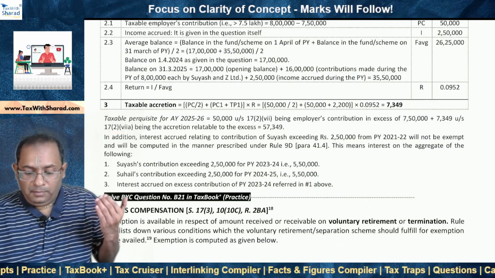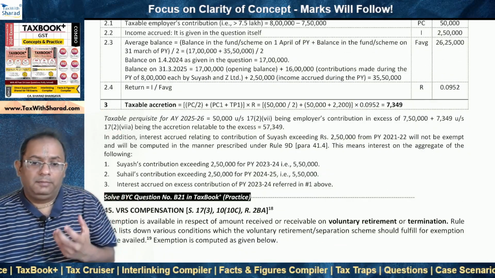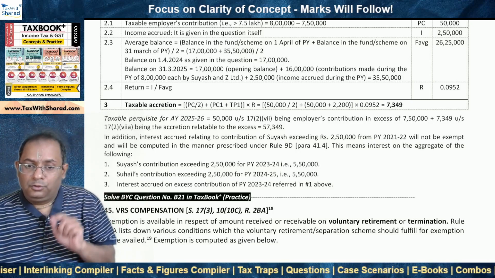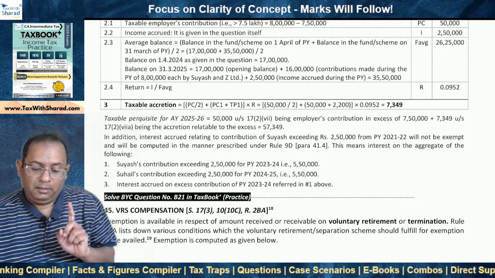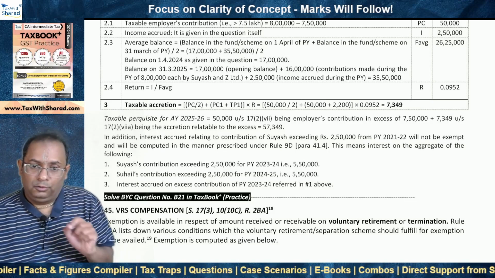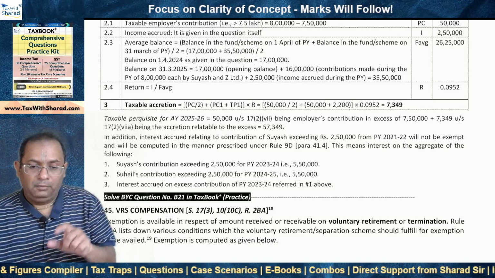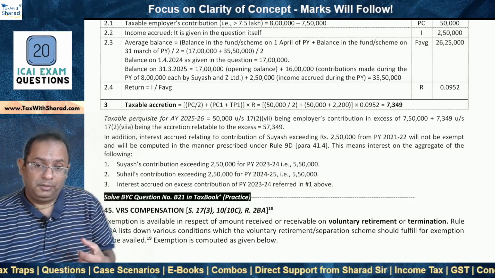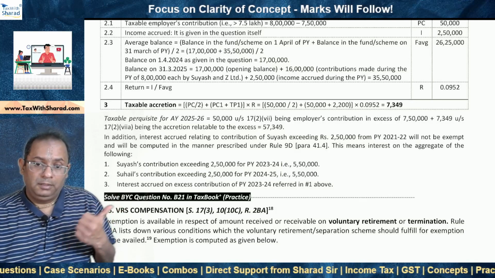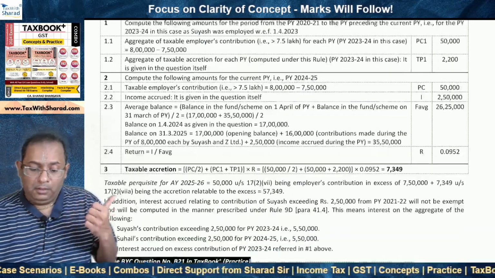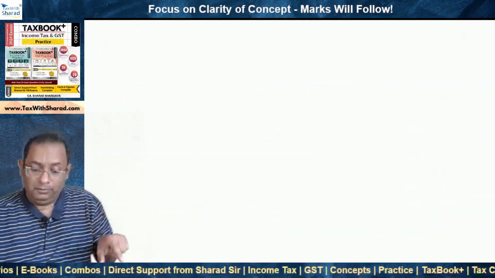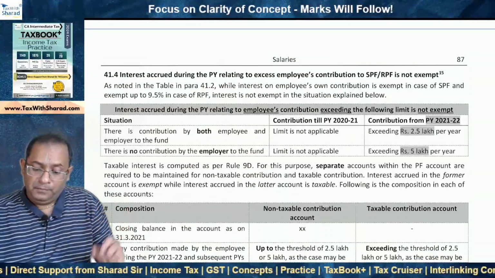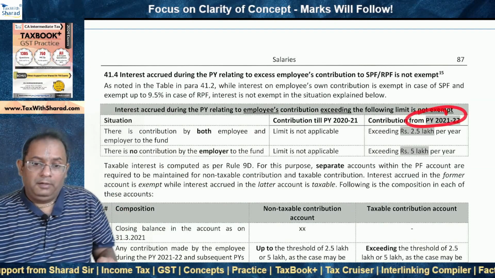So we saw the taxability regarding the employer's contribution. But we also should not forget about checking the taxability of employees' contribution. Though this is not the subject of this video, in the example there are tax implications coming out for employees' contribution. There is a separate video that I have made on this, and you can check out that video. But what we need to know is that for employees' contribution there is a limit which applies from previous year 21-22.